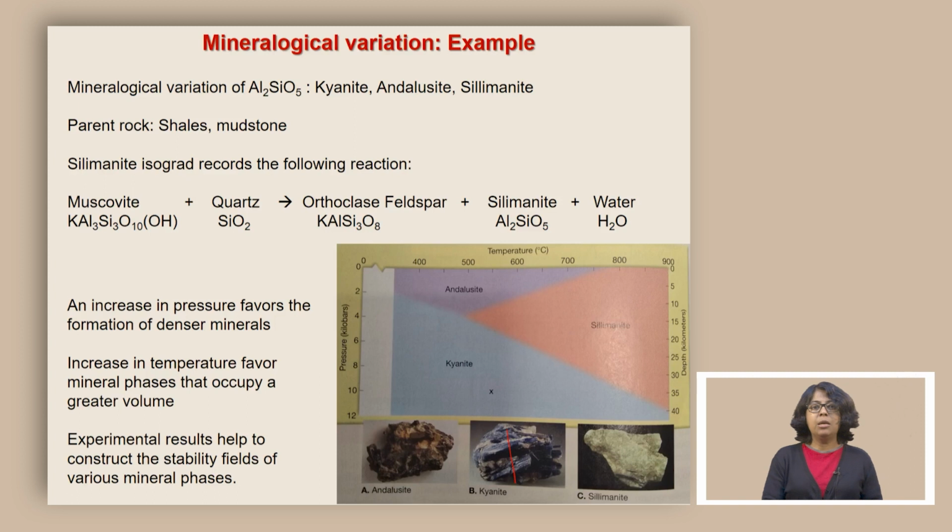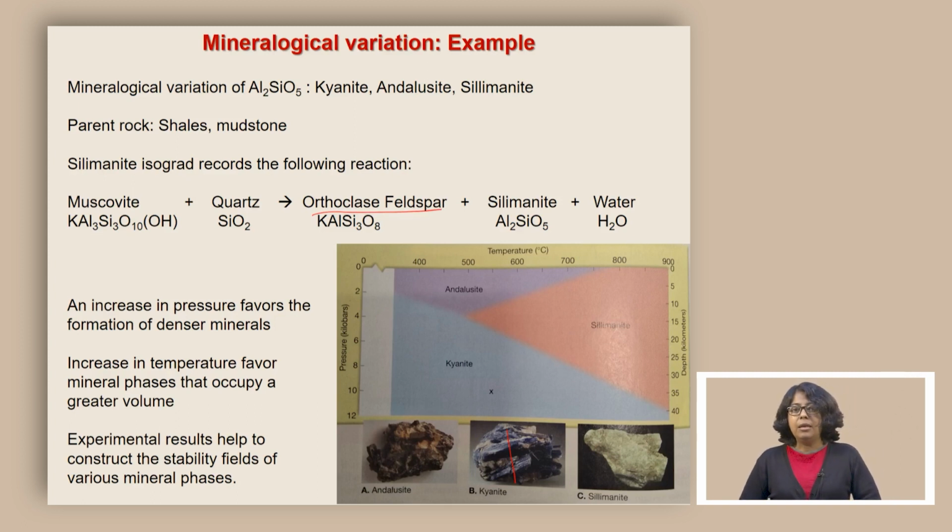Now, in terms of the chemical reaction, you can clearly see that it can be produced with the involvement of muscovite and quartz, with a rearrangement which produces a different types of feldspar, sillimanite and water, and the same thing can happen for other minerals such as kyanite and andalusite.